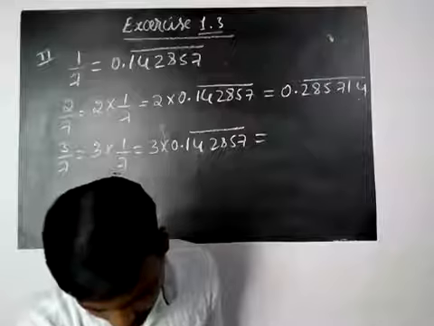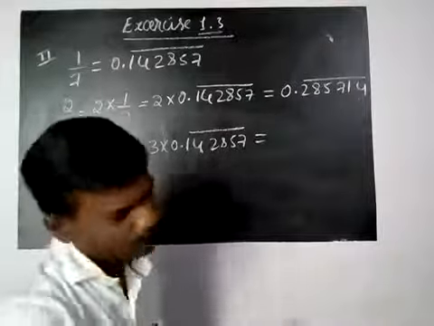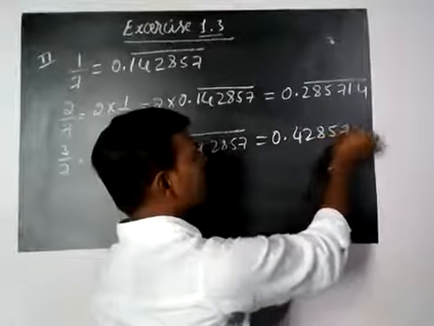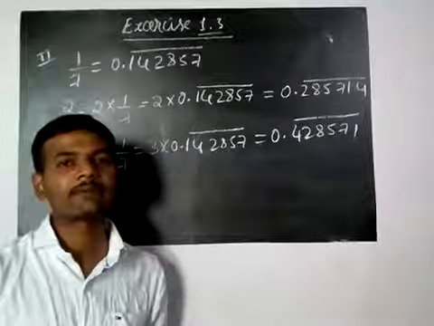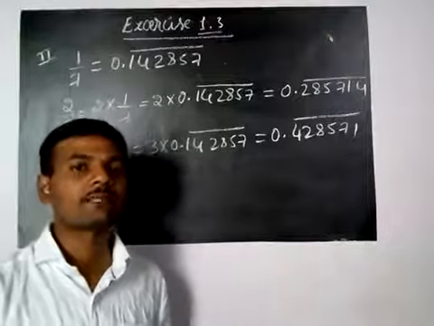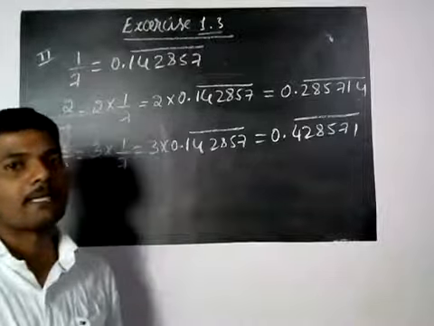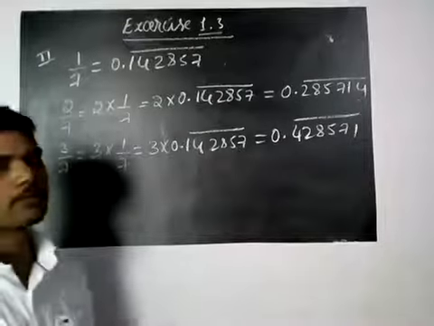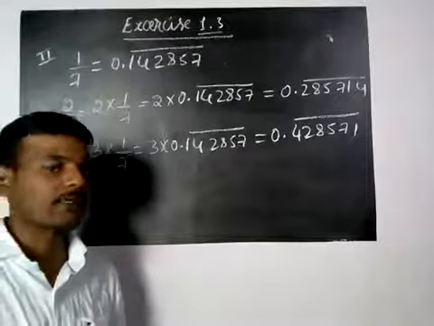We will have 0.428571. In this way we are going to represent the given decimal expansions like that of 1 by 7. So we may continue for 4 by 7, 5 by 7 and 6 by 7 in this way.